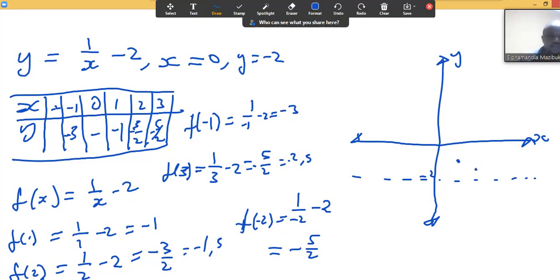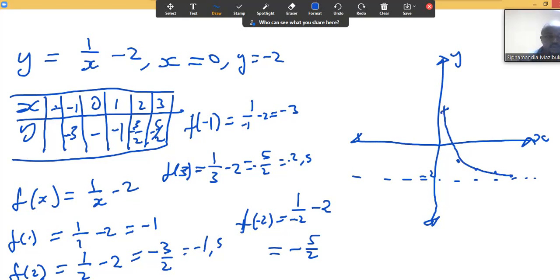The next one, 3, will be here. So our graph will look like this one exactly.